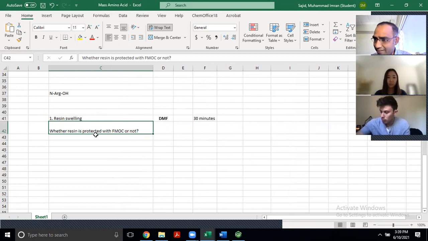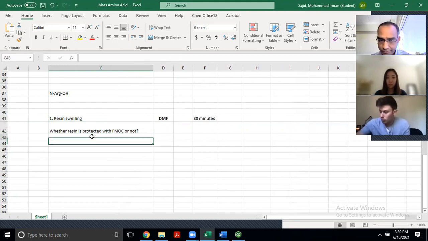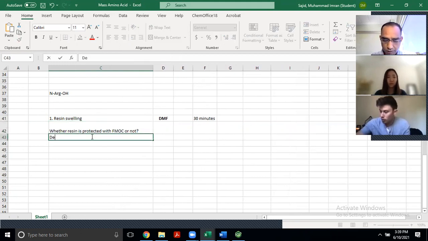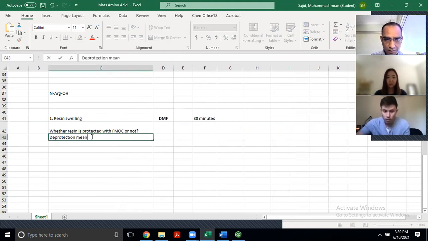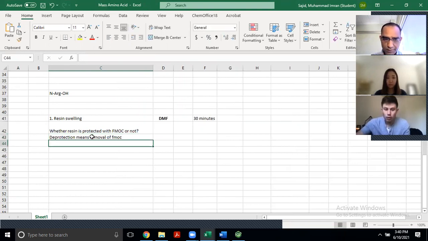If it is protected, what will we do? We will do deprotection. Deprotection means taking out the Fmoc, the removal of Fmoc. Got it?